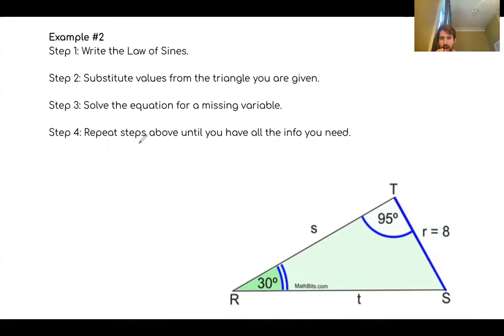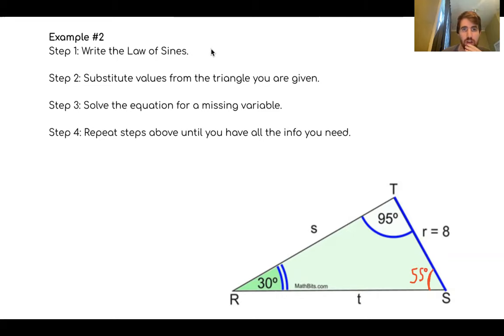So we need to find the missing side, and we'll fill in this angle first so that we have it. 95 and 30 is 125, so this will have to be 55 degrees. All right, now we've got all the angles.